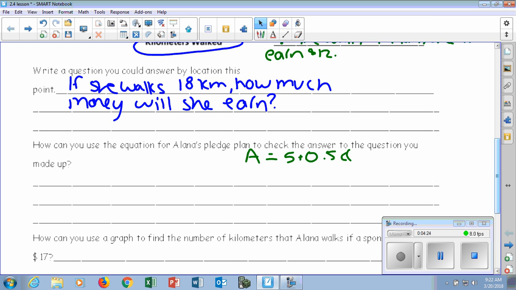So based on the question that Lily created for us, we know 18 kilometers, but what is the money? So how can we use our equation to determine the money? That's what we want to find. So how can we use that equation to help us answer this, Philip?